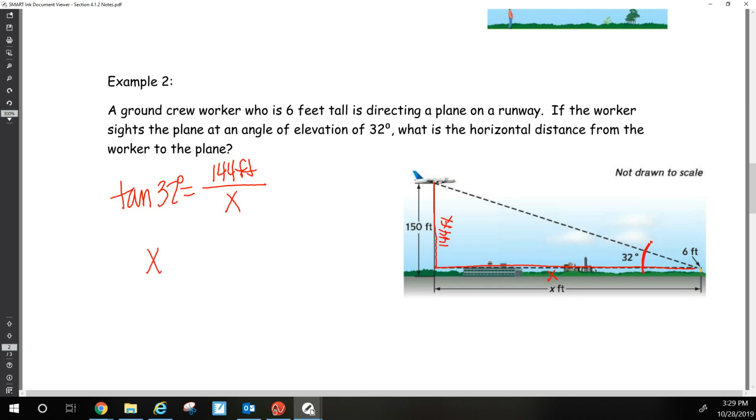Solving for x, I get x is equal to 144 feet divided by tangent 32. Plugging into the calculator, x is approximately 230.448 feet. Not terribly bad. A little bit of thinking here because of the 6 feet that this guy is, but again, they've got a lovely picture that labels it out for us.